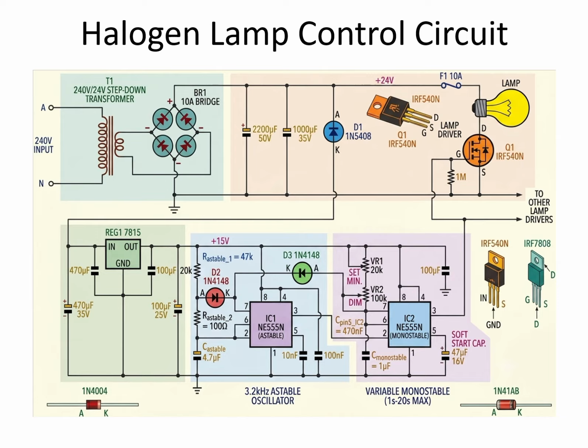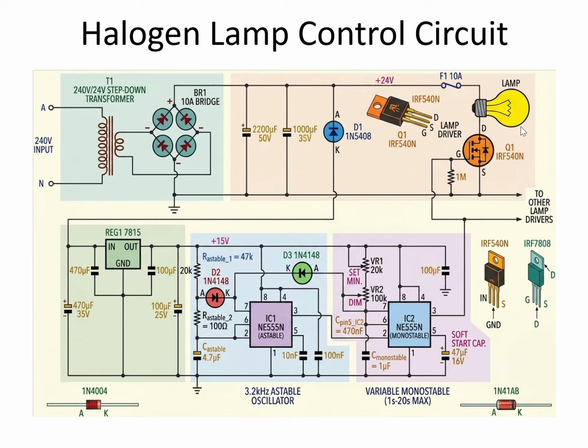These capacitors filter the high frequency noise and improve the DC quality from the bridge rectifier. The 10 amp fuse protects the entire circuit against overload and short circuit conditions. The resulting DC voltage is approximately 24 volt, which is used for powering the halogen lamp and the control circuit.